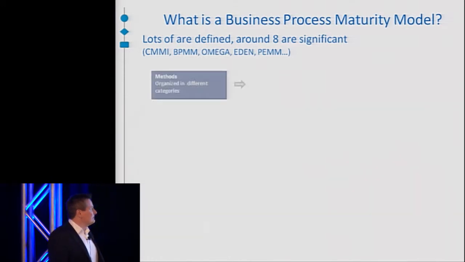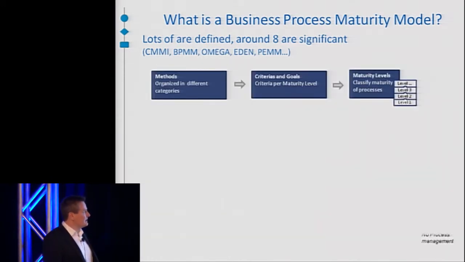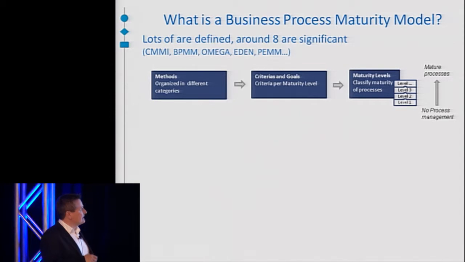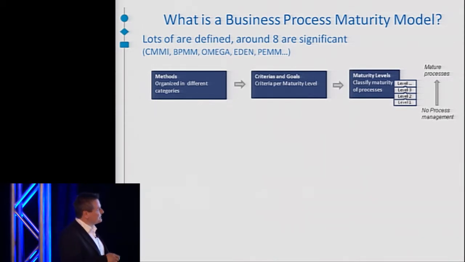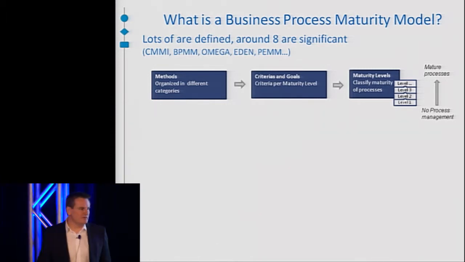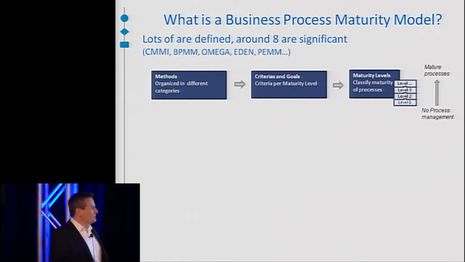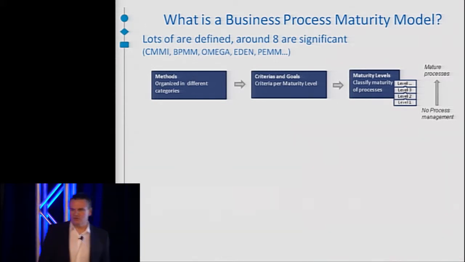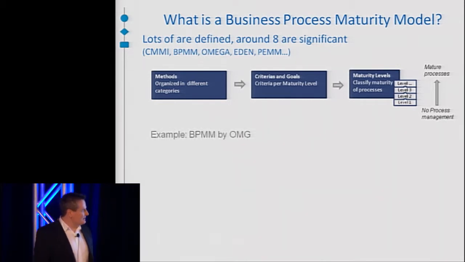All these models have the same background. They try to find the method, criteria and goals, and define maturity levels, often 1 to 5. It tries to give you an idea from no process management to mature process management. So this is a good indicator of how well BPM is implemented in your company.